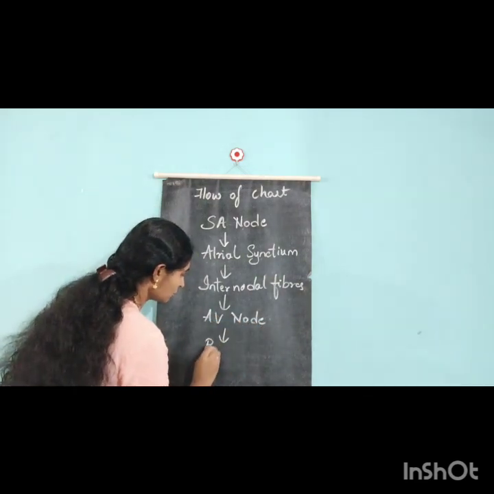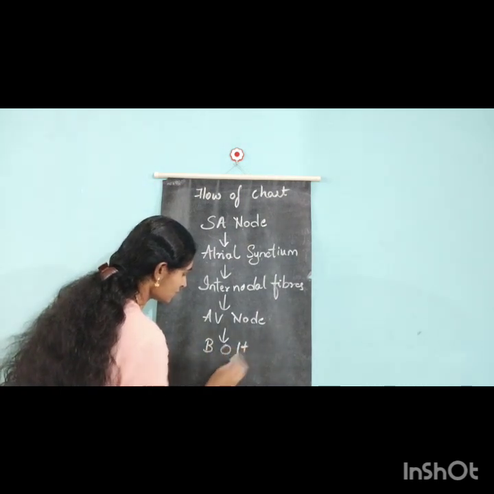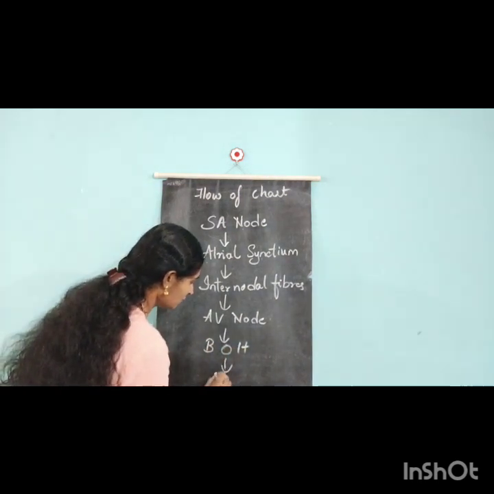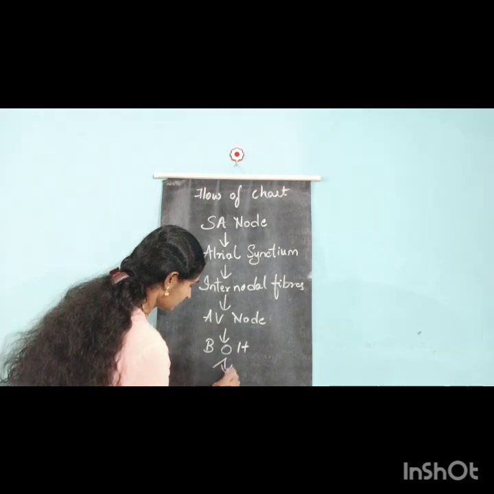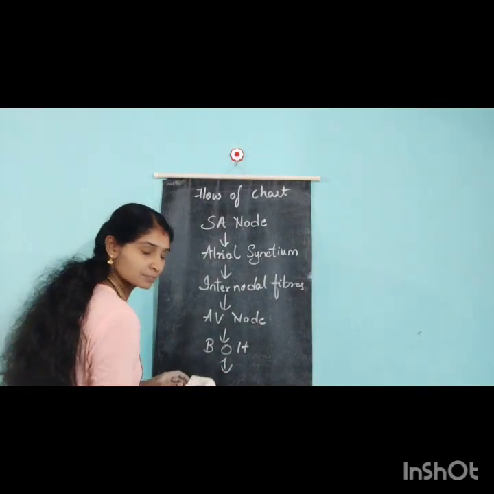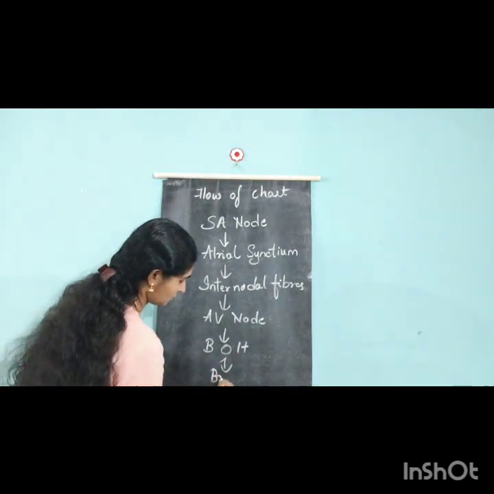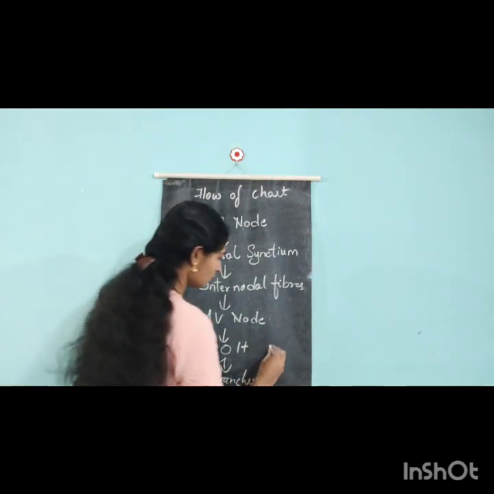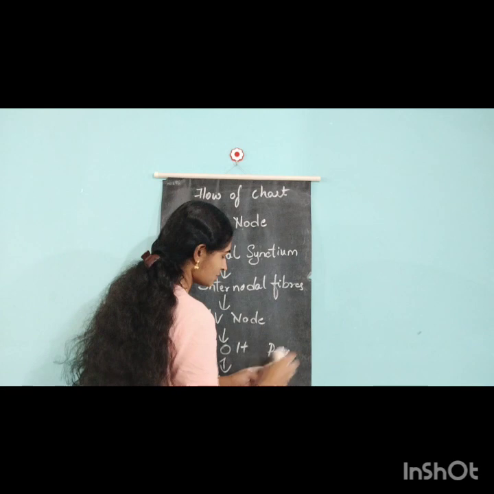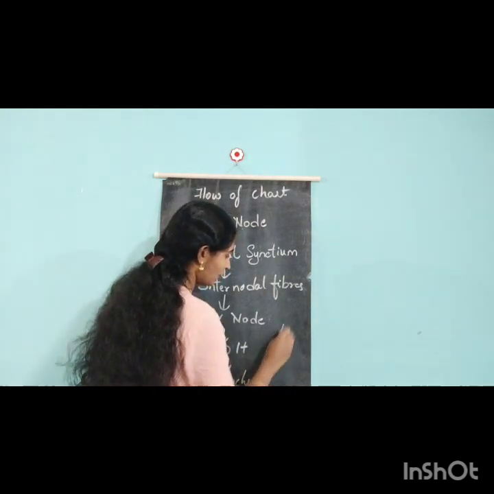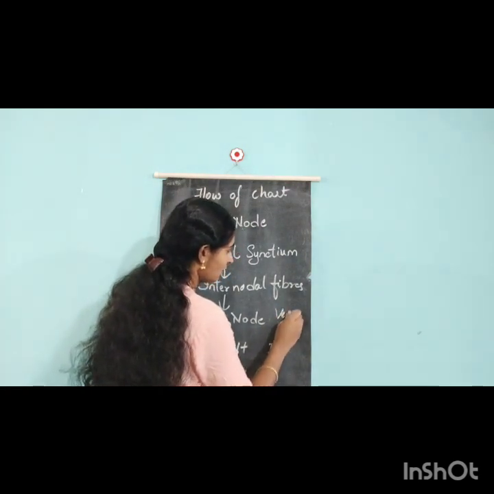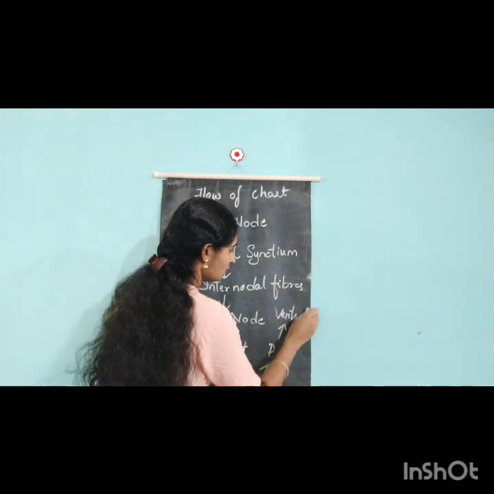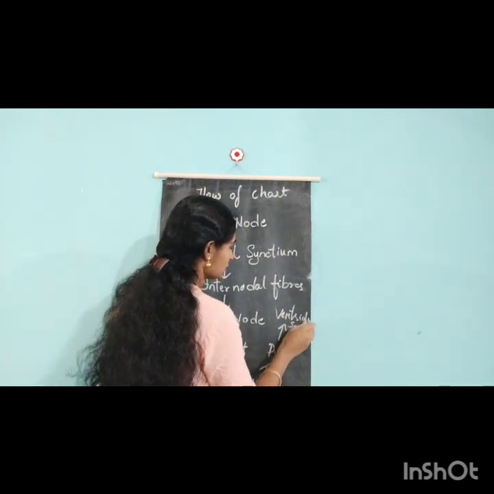From AV node it goes on to bundle of His. From bundle of His to the branches. From branches to the Purkinje fibers. From Purkinje fibers to the ventricles, ventricular syncytium.